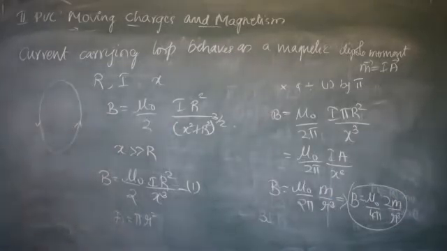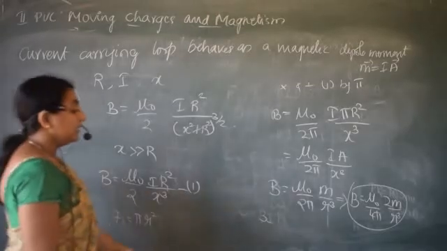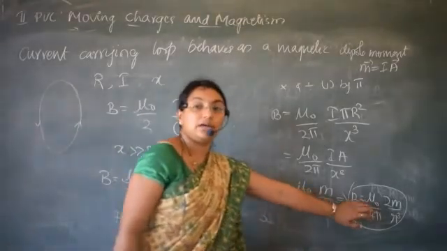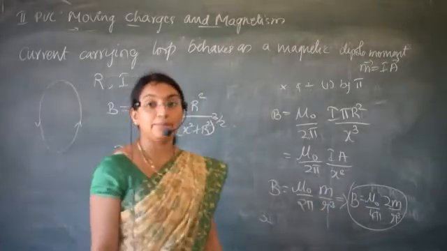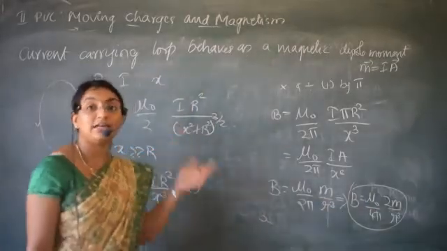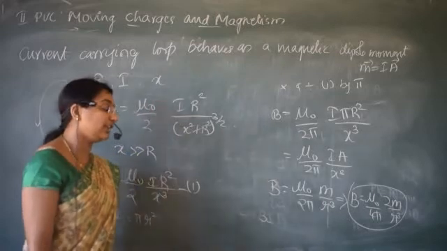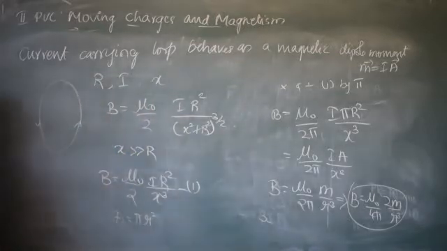Is this expression similar to the electric field due to a dipole? What was the expression we got in that chapter for the electric field due to a dipole? Do you remember?